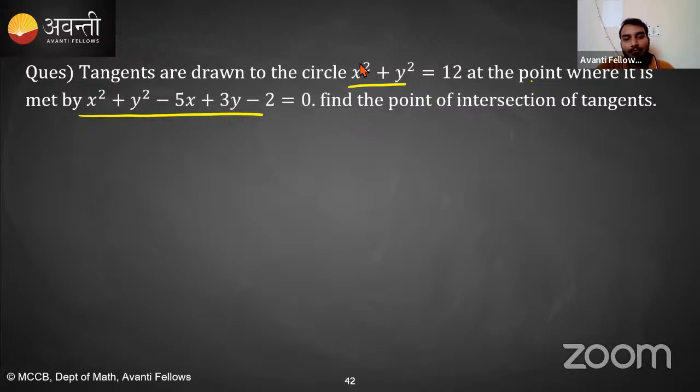Everyone quickly. Answer. Students, start attempting this question. Let me know the answer. Point of intersection of the tangents. Try to think how you can use the radical axis. Obviously, since the question is talking about radical axis, the radical axis must be used.